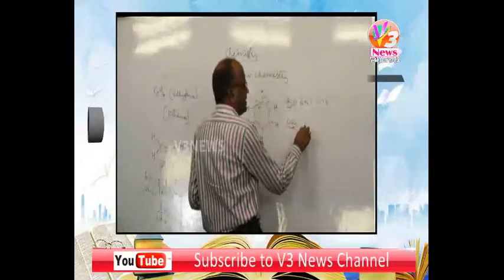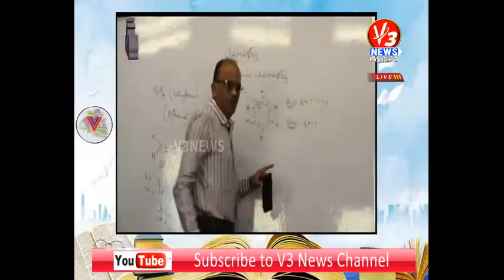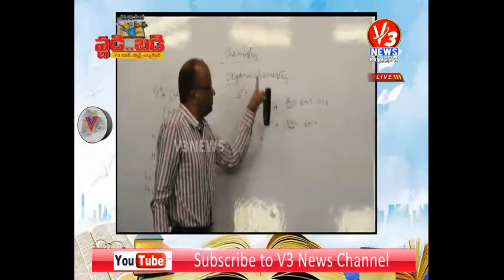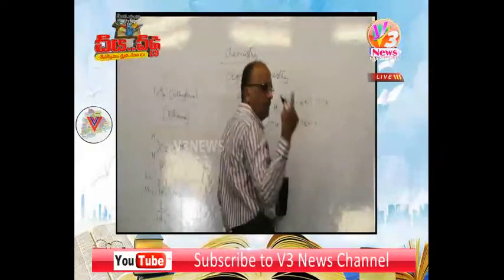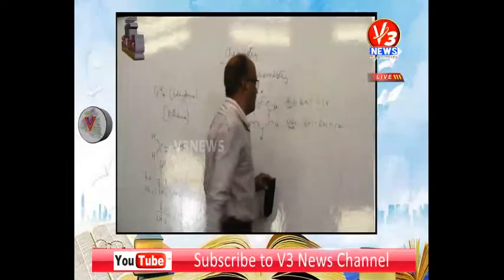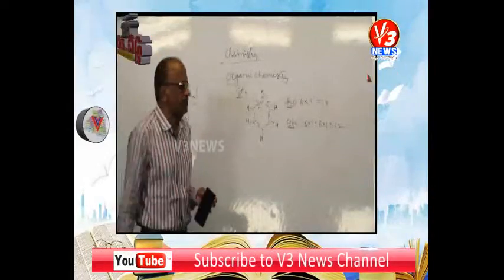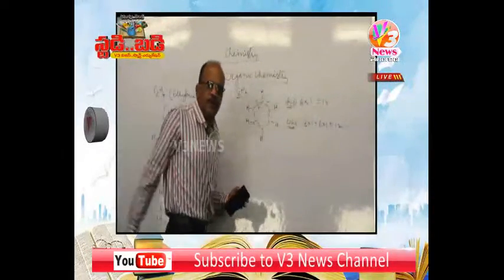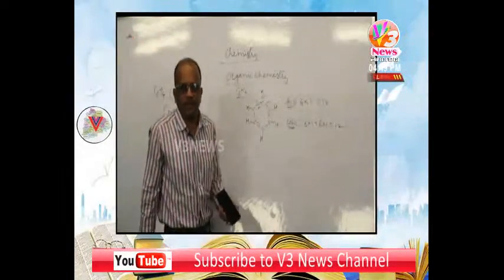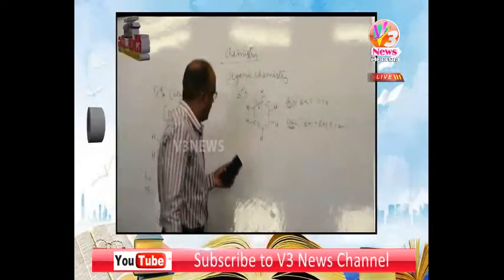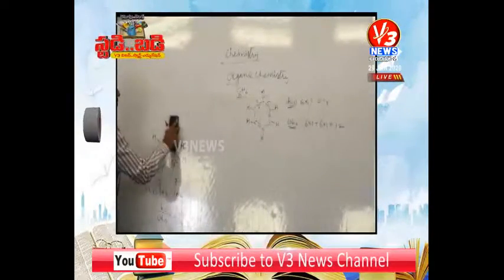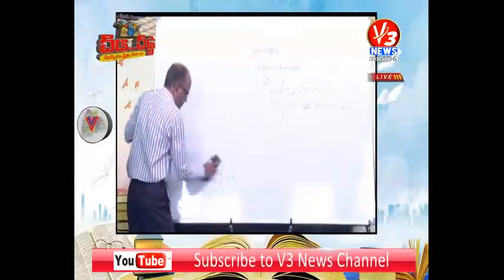So 6 carbons, each carbon 1 unhybridized p orbital. Then 6 hydrogens, s orbitals are unhybridized. So what is the total number of unhybridized orbitals? Then what is the ratio of hybrid orbitals and unhybridized orbitals? With that you can calculate. Then we will see some more examples which are important from the entrance point of view.